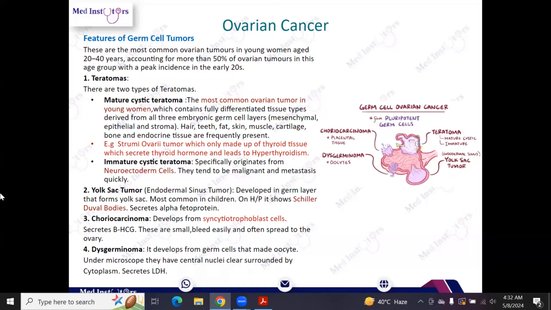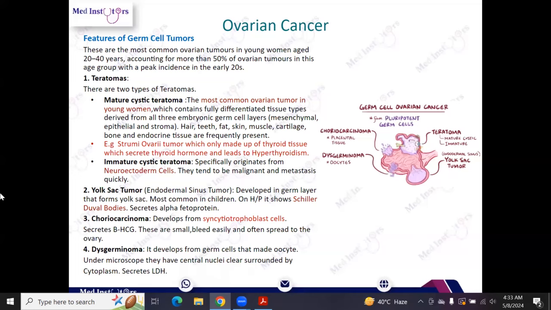So we were discussing some SPs, and please make sure you are clear about the differences and about which type belongs to which layer, because there are many SPs. I think all of these types have SPs. They are asked in the exams. We have a clinical scenario of teratomas, of yolk sac tumor, of struma ovarii tumor.